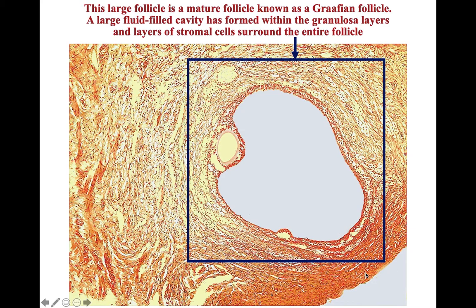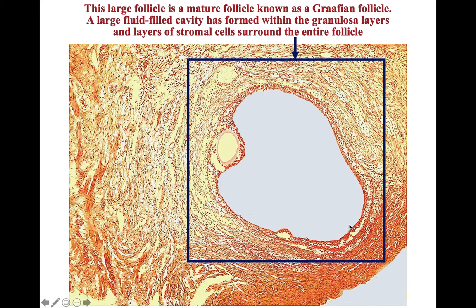As primary follicles develop into secondary follicles, they migrate closer to the center of the ovary. But when the Graafian follicle is getting more and more mature, it starts traveling again closer to the edge of the ovary. You can see the edges here. As it's traveling closer to the edge, essentially it's gearing up for ovulation.